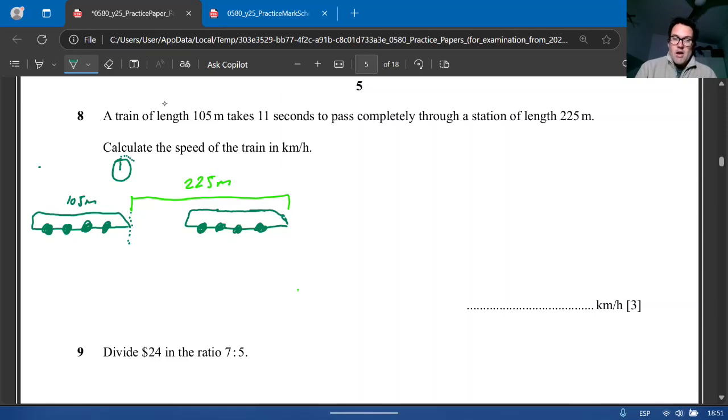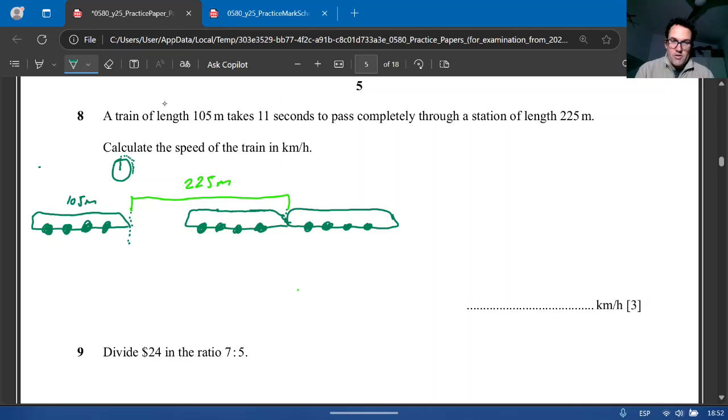The clock continues to tick until the end of the train. This is a train kissing the bum of another train. And the moment the back of the train passes, it's finished going past the platform.